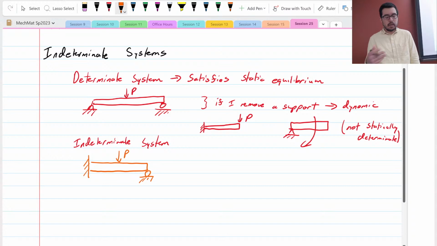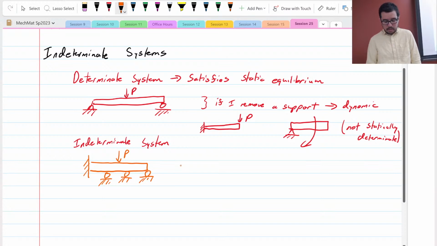And I can keep adding things like this to make it more and more indeterminate. So if we have one of these, that would be redundancy degree 1, or degree 1 of indeterminacy.